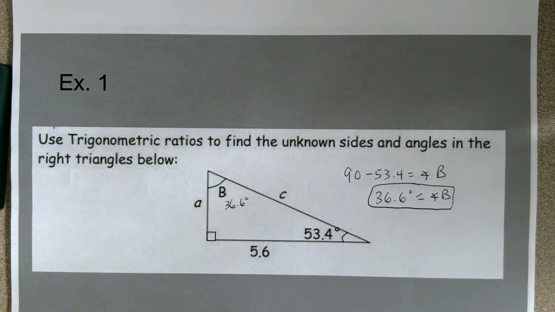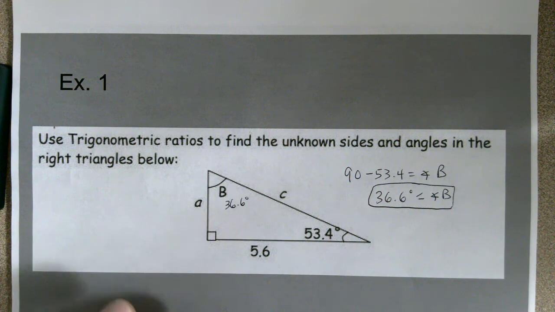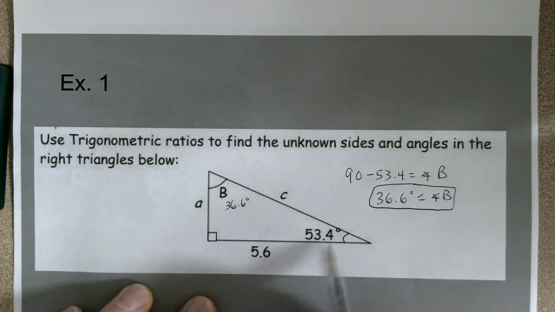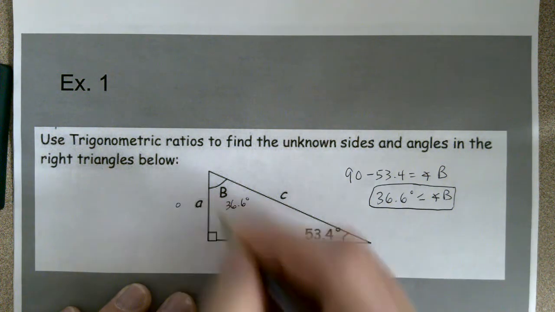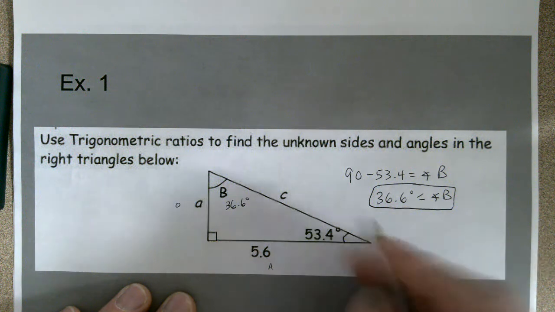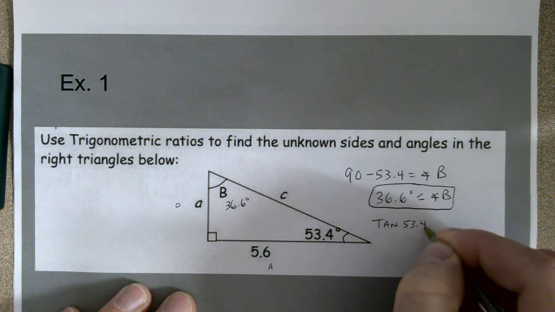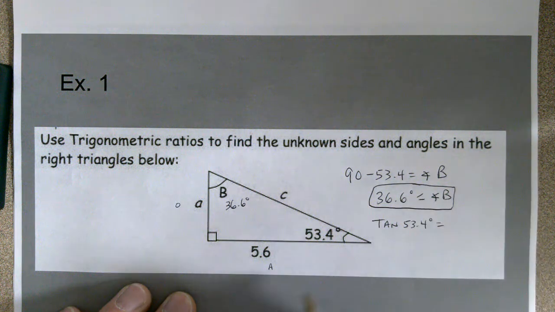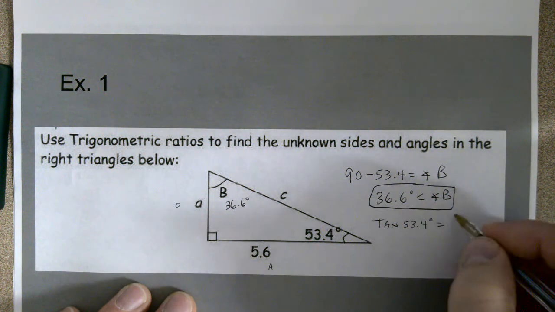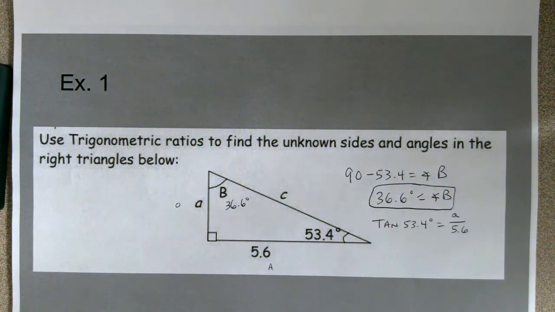Now, I also want to solve the whole triangle, so I'm going to next find the measure of side A. With relation to this angle given and these two sides, this would be the opposite, this would be the adjacent. So to find A, I'm going to use the tangent of 53.4 is equal to the opposite, which is A over 5.6.